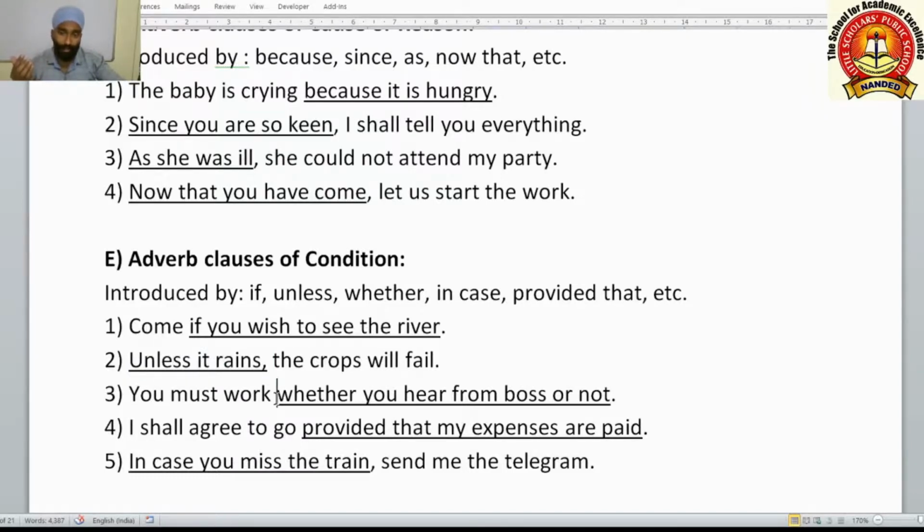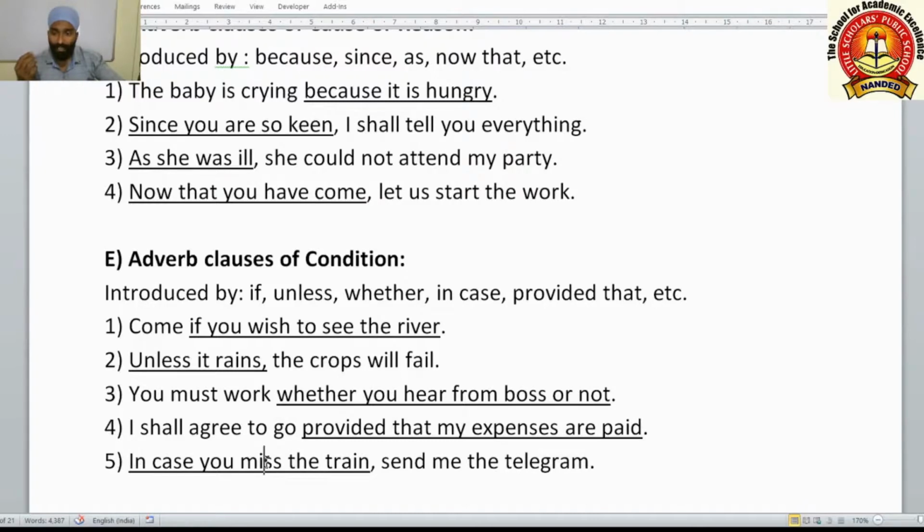Now you must work whether you hear from the boss or not. Whether and or are coming here. Sometimes whether alone comes. I shall agree to go provided that my expenses are paid. Provided that also tells about the adverb clause of condition.